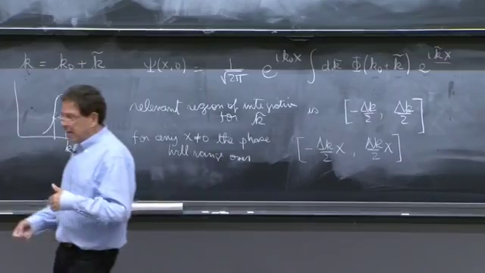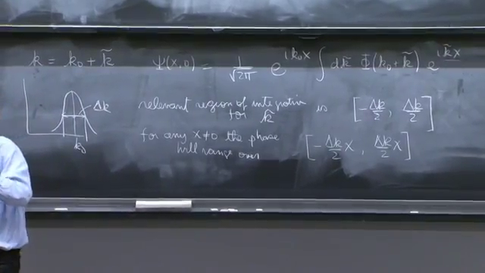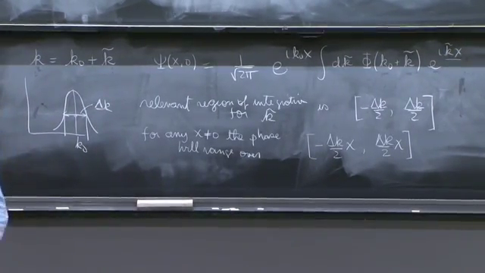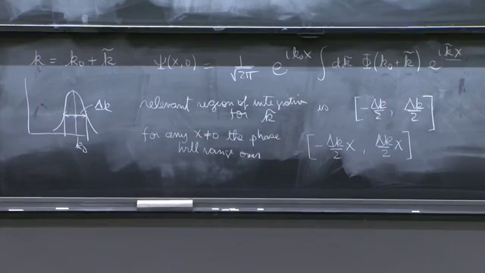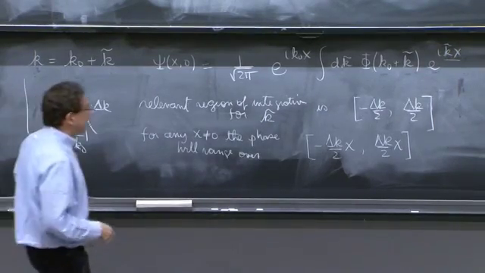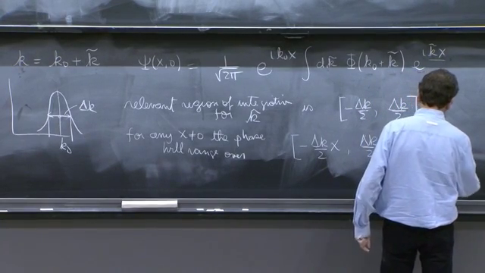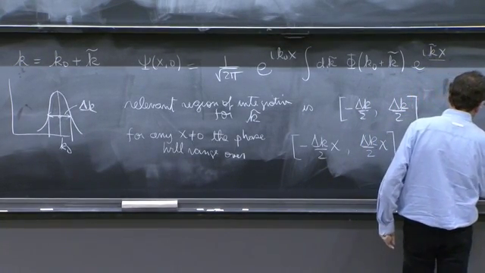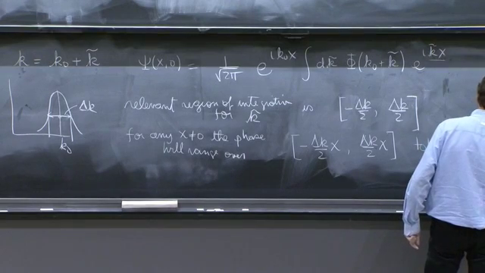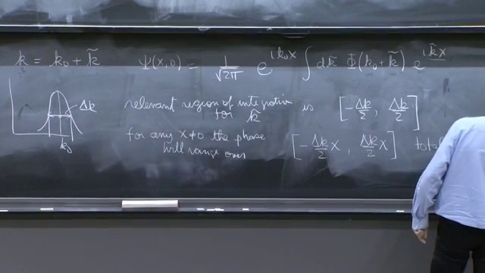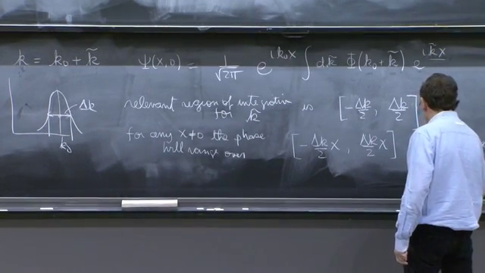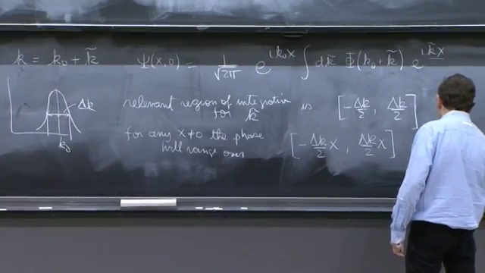So as you integrate over that peak, your total phase excursion is delta k times x.